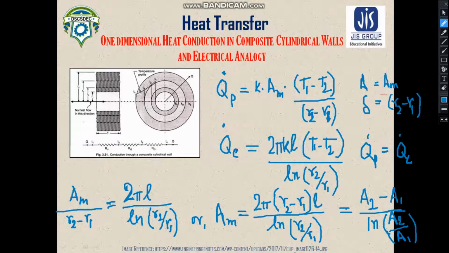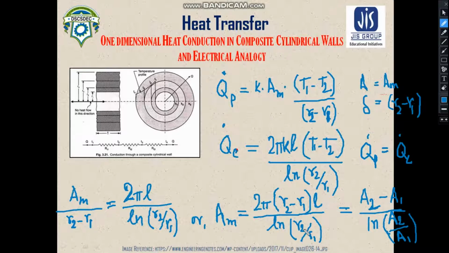If we equate these two formulas, then we can observe that AM by R2 minus R1 would be equal to 2 pi L divided by ln R2 by R1, and thereafter AM can be written as 2 pi (R2 minus R1) L, which refers to the difference in area, divided by ln A2 by A1.